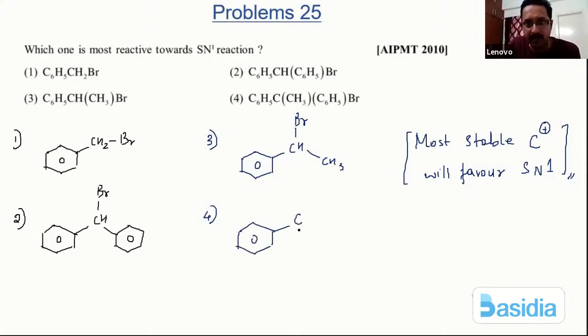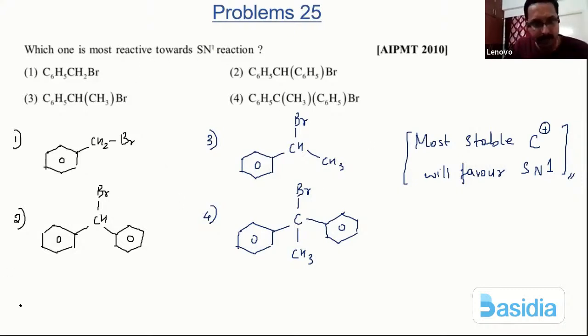Then you have a C. To this we have a CH3, and on the same atom another benzene ring is attached, and we have a Br over here. So these are the actual molecules given in the question. Now we need to find out which of the following molecules is most reactive towards SN1 reaction.